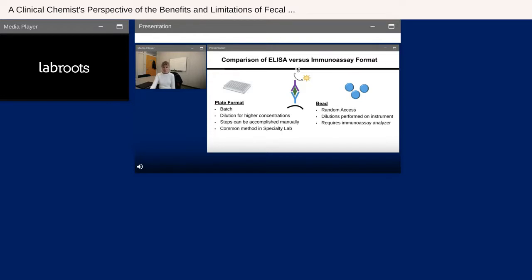The dilutions are performed on the instrument, so there's no waiting for the 3-hour ELISA to finish for the dilution. The only downfall or limitation is that it requires the immunoassay analyzer for that specific vendor to perform the assay. Those are just some things to investigate if you're interested in bringing fecal calprotectin in-house.